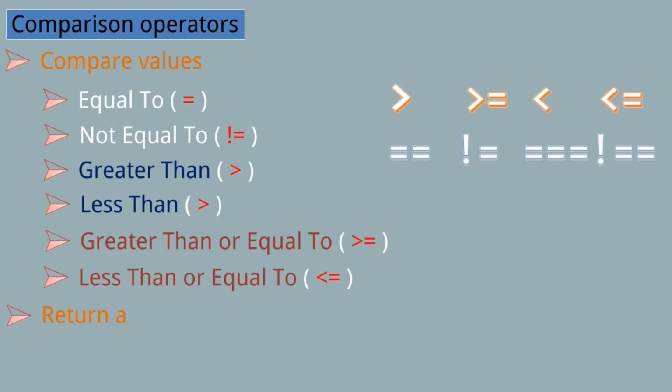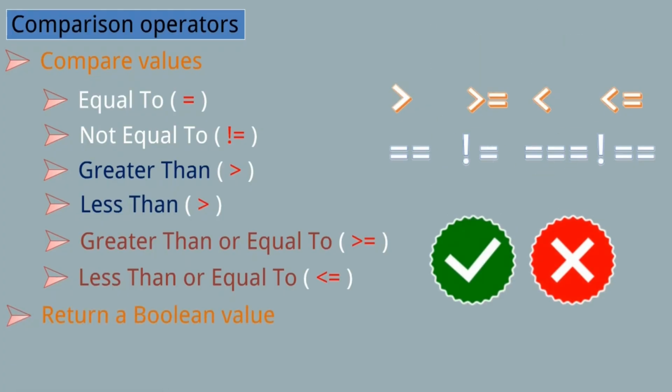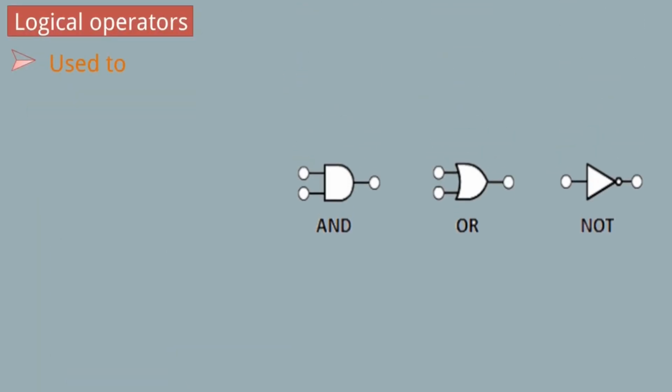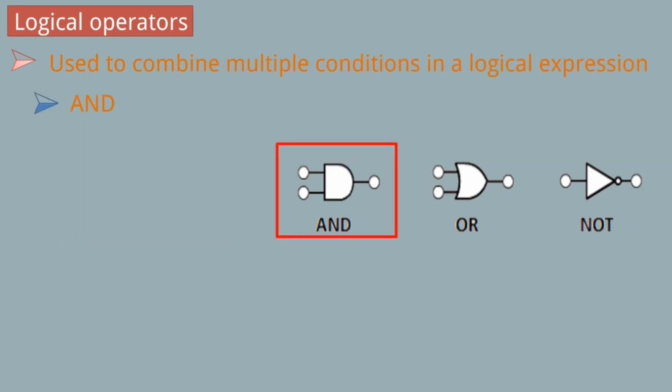They return a Boolean value of true or false, right? Okay. Also, logical operators, don't forget that. These operators are used to combine multiple conditions in a logical expressions such as and, or, not. Then there are assignment operators that we talked about.